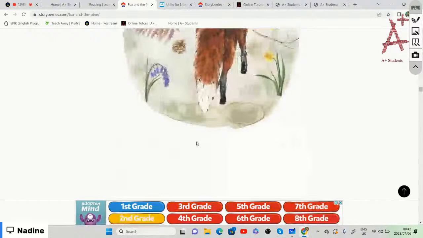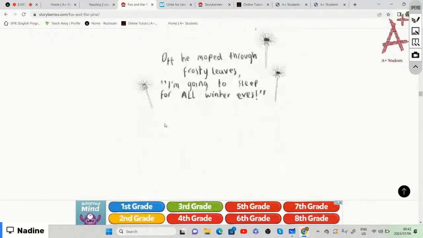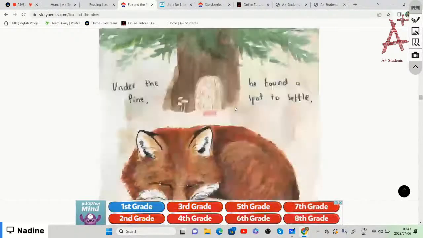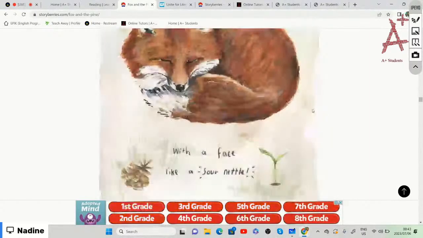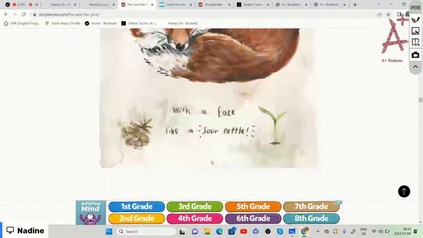All right. Or he moped through frost. I'm going to sleep for all winter eves. Under the pine, he found a spot to settle, with a face like a sour nettle.